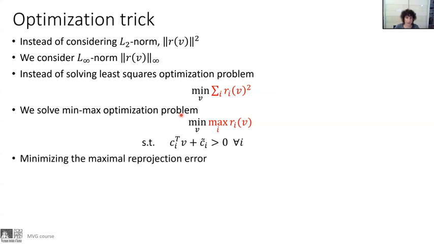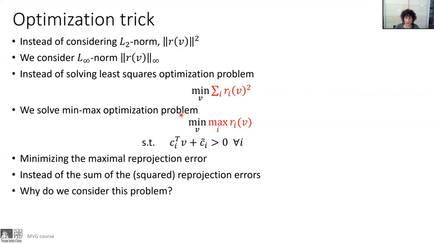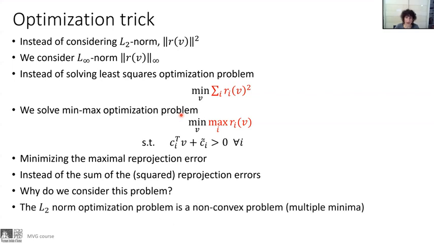So what we're going to do, instead of solving the least square optimization problem, we are going to minimize the maximal reprojection error instead of the sum of the square reprojection error. Why do you do this? As Michael asked, why? And the answer is the following: the L2 norm optimization problem is a non-convex problem, and it has multiple minima, and therefore you can get stuck in a local minimum.